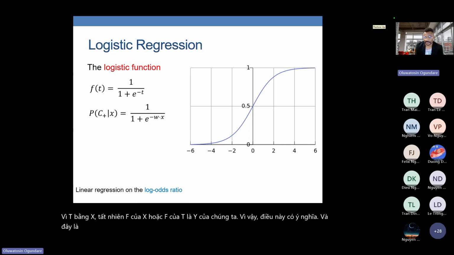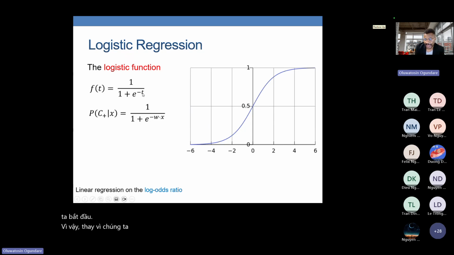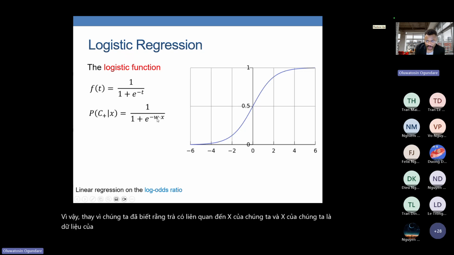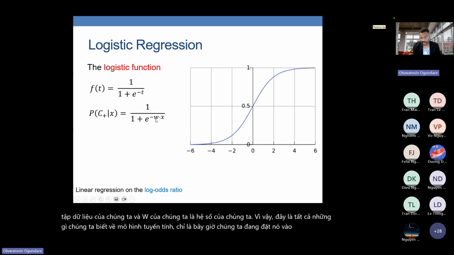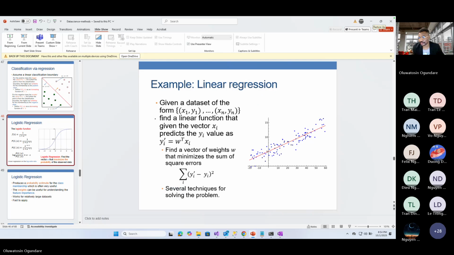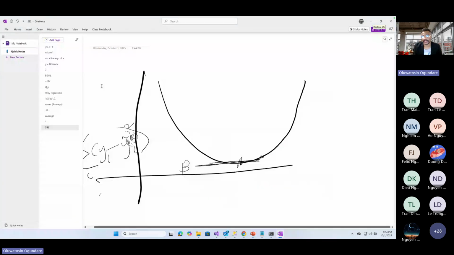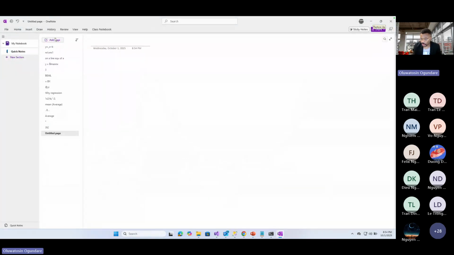But how do we use it? Well, we already know that t is related to our x, and our x is our data set, and our w is our coefficient. So this is everything we know about the linear model, only that now we are putting it in the logistic function, right? Let's go to our notes. What do we know?